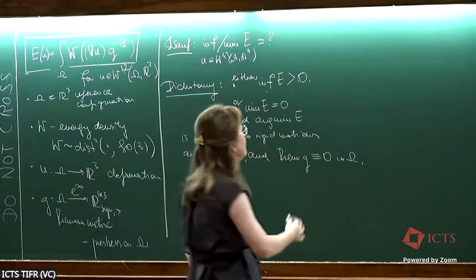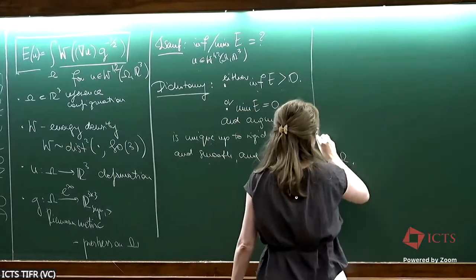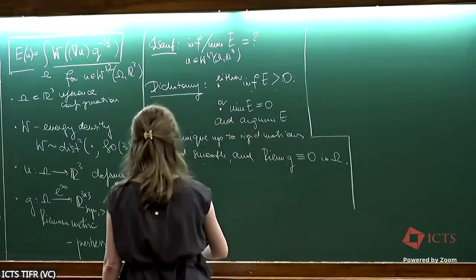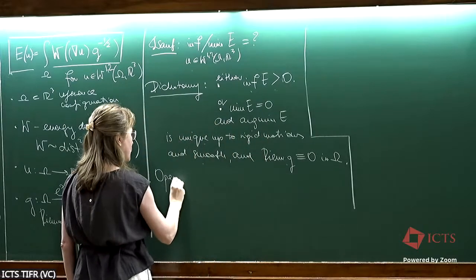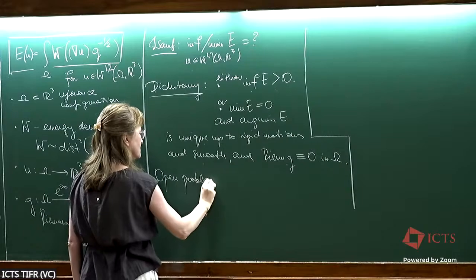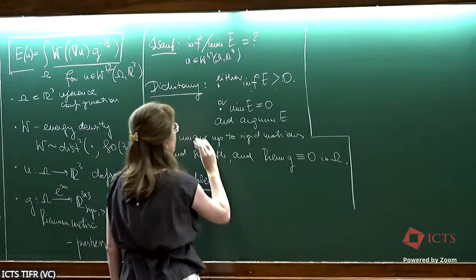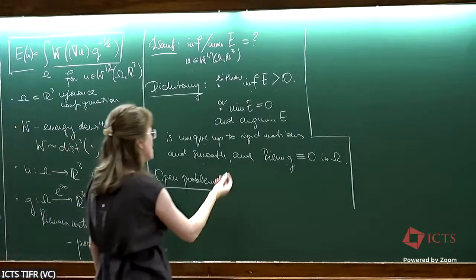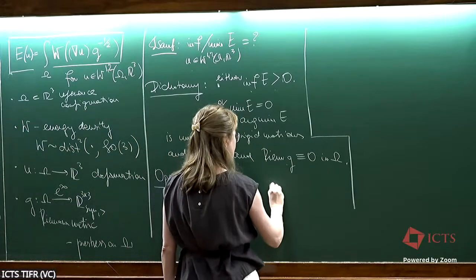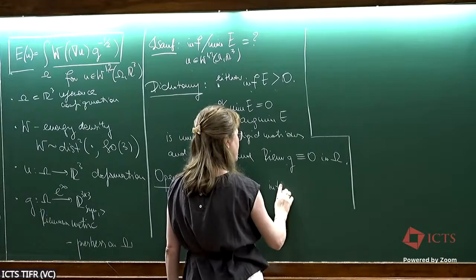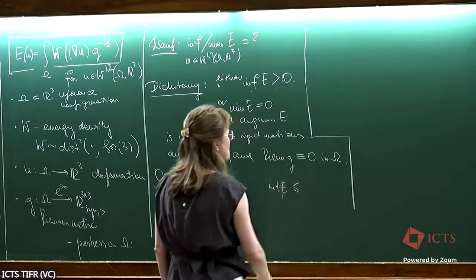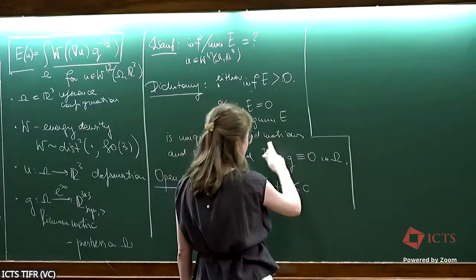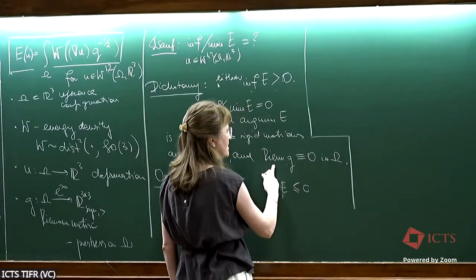Okay, so that's the beginning of the story. That was the first lecture, and today, actually, let me mention there is an open problem in this context. At this level of generality, quantify this infimum. So the expectation is that this infimum of E should be bounded, up to a constant, by an appropriate measure of the Riemann curvature, right?